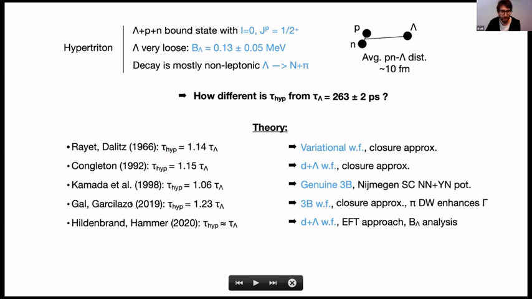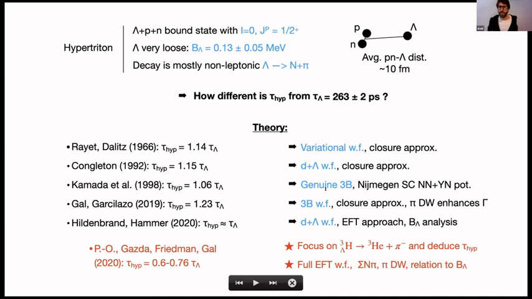And then there was also this recent paper by Gal and Garcilazo, where the main message was that the pion final state interaction, so the nucleus strongly interacts with the emitted pion, seems to enhance the decay rate. So our approach is somewhat different from these previous works.